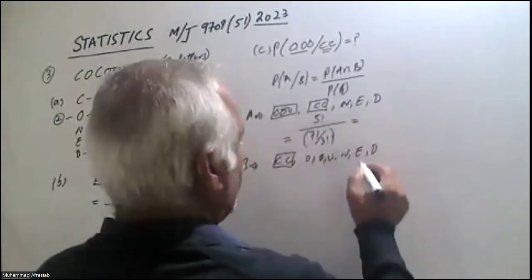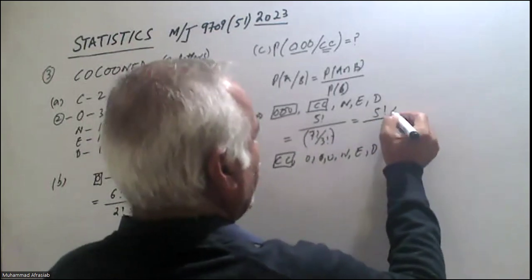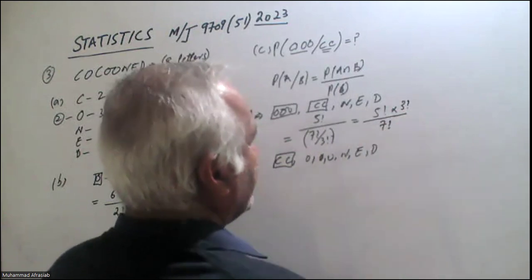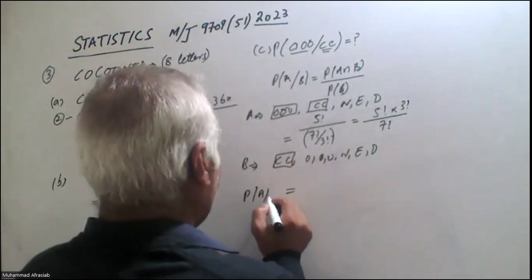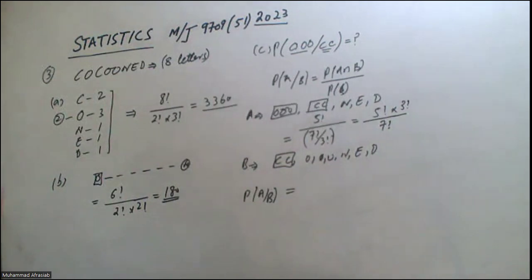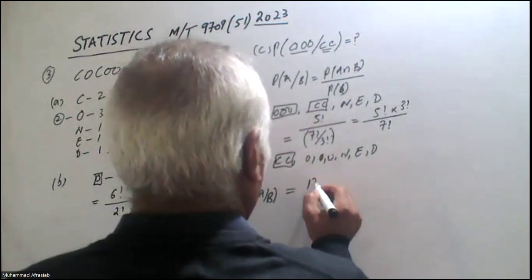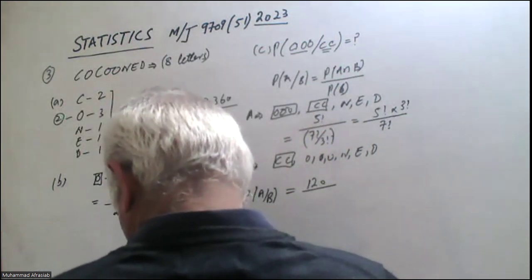So this answer is equal to 5 factorial into 3 factorial divided by 7 factorial. And this answer of probability of A given B is equal to 120 over 840.